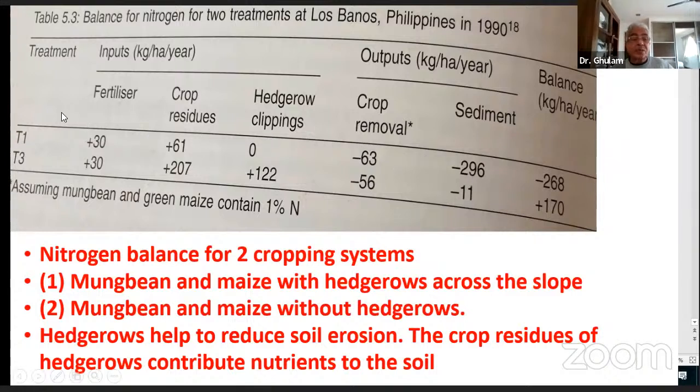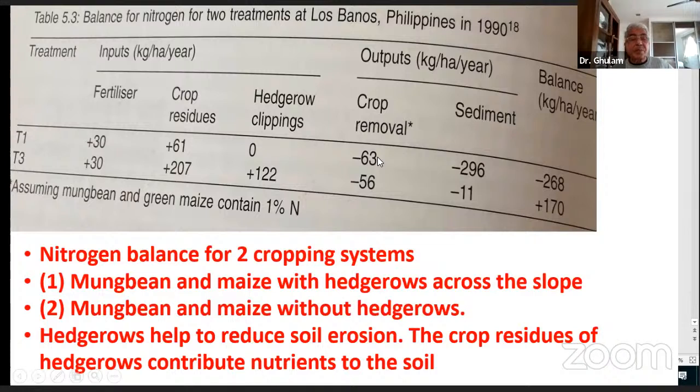And because there is no hedgerow for T1, the soil erosion is very high. The sediment contains 296 kilograms of nitrogen per hectare per year, whereas where the hedgerows were present, it was not as high. So the balance for T3 is positive 170, whereas for T1 is negative.